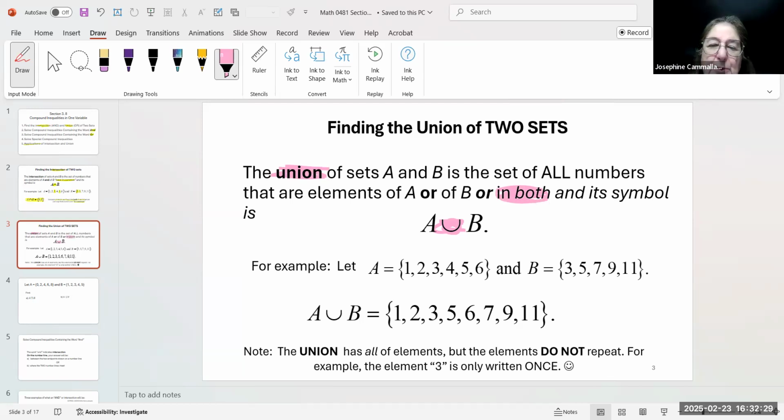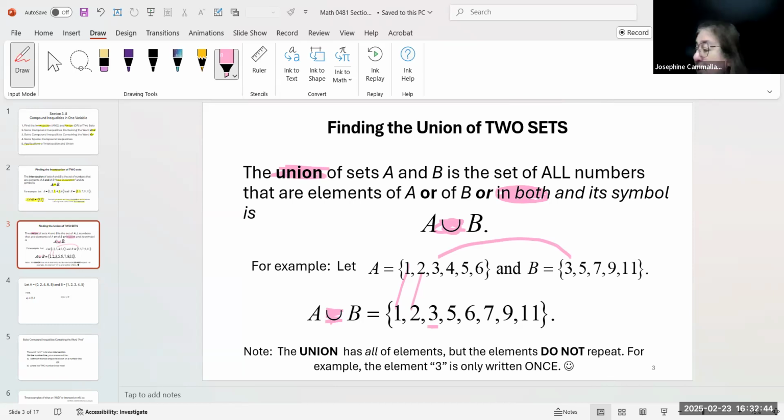Now notice what I do. This union has 1, 2. Now remember, 3 is in common, but I'm only going to write it once.